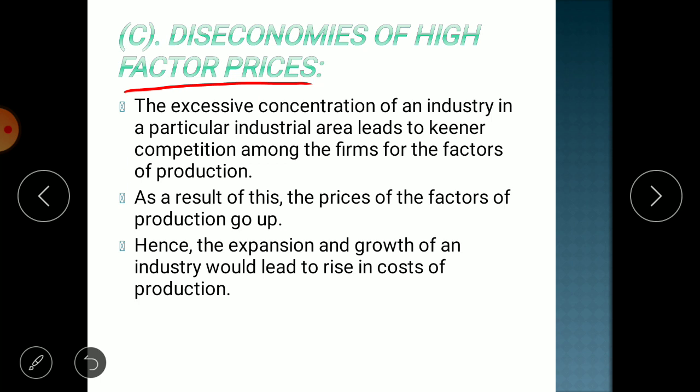Then the second one is labor. If you increase the production, then demand for labor increases. Initially, it may happen that the need for labor may be satisfied within that region. But if you keep on increasing the demand for labor, what will happen? Initially you may compromise from skilled to semi-skilled, then semi-skilled to unskilled.